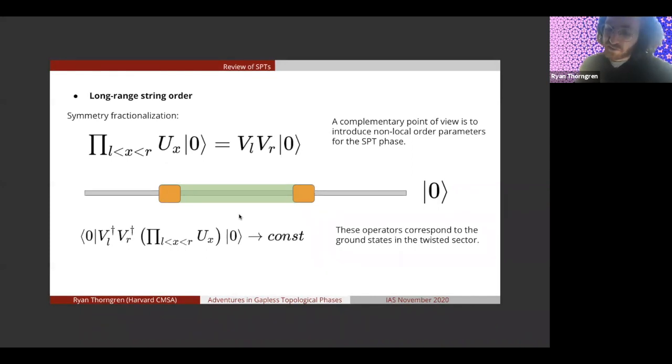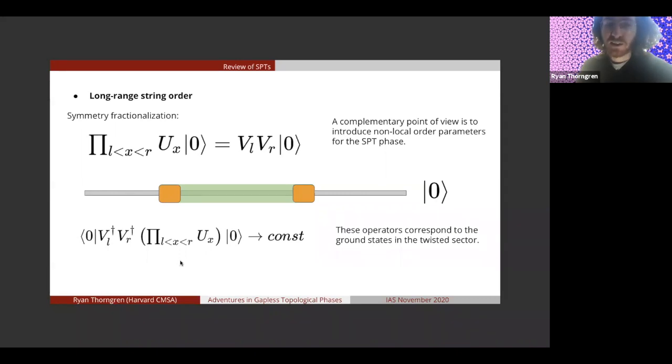There's another way to think about this that will be slightly more useful for us, which is to think, instead of symmetry fractionalization, about an order parameter for these phases. The way to come up with this order parameter is to take the expression that we had for symmetry fractionalization and just flip one side over so it becomes an expectation value.